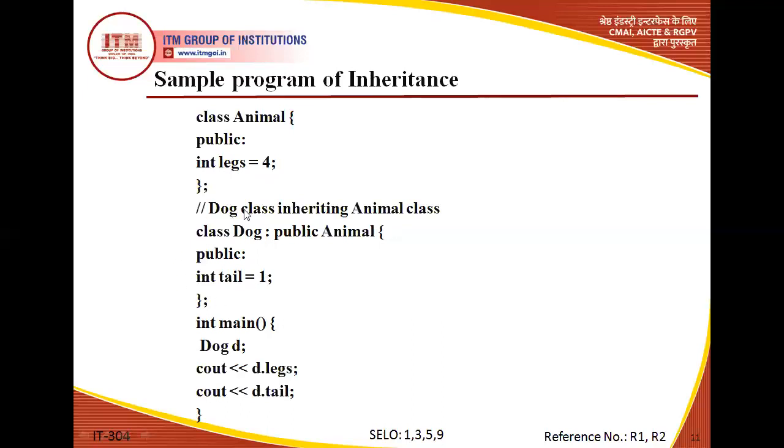This is how the inheritance is performed. How can you check this? You can simply create an object of the Dog class and then try to access its parent class data member and its own data member, which is d.leg or d.tail. Then you find the answer correctly. So this is how the whole inheritance is performed.